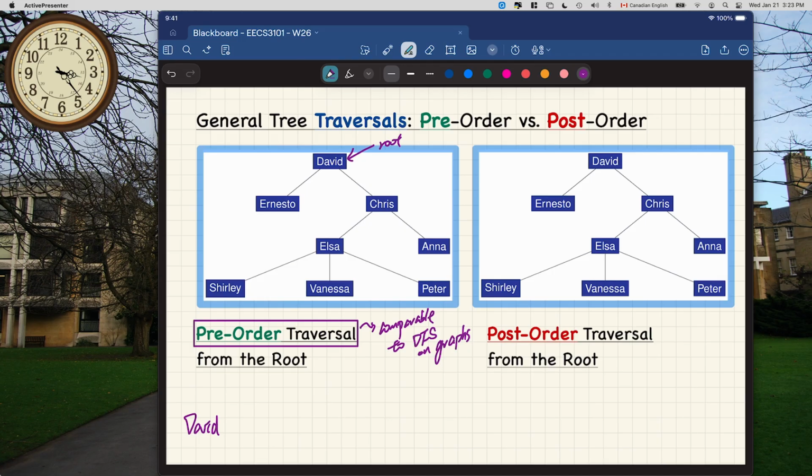Not left child, sorry, the first child, because it's a general tree. Right? So you can think about this part over here as the pre-order traversal of Ernesto. And this part here is going to be the result of recursively doing pre-order traversal on the root of the second subtree, which will be quiz.